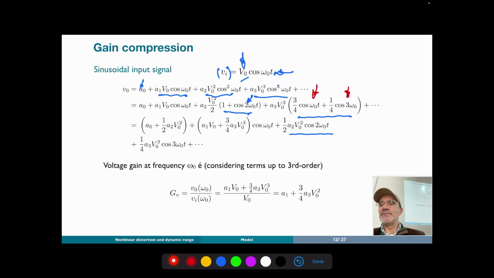The amplitude at the frequency of the input signal has 2 terms. One is the linear term, obviously, and the other term comes from this result here, which depends on the coefficient A sub 3 and the cube of the amplitude of the signal, okay?